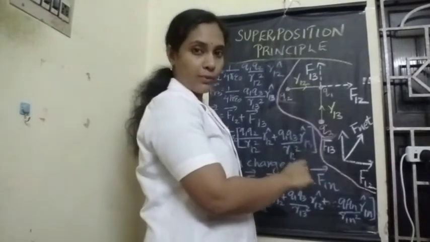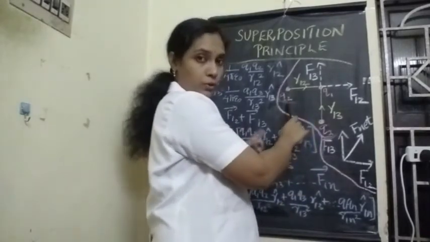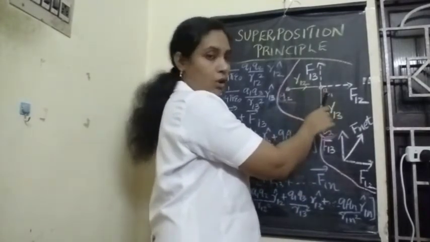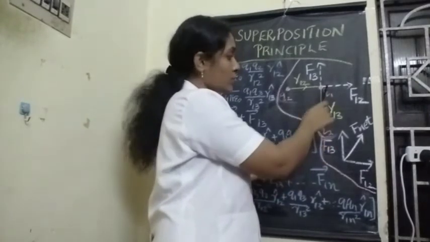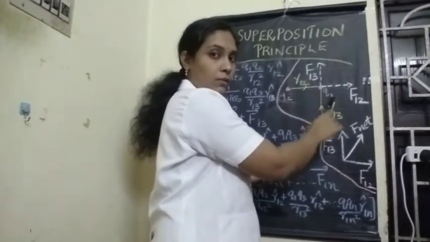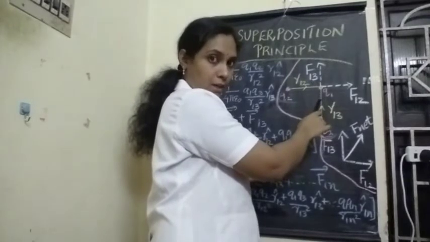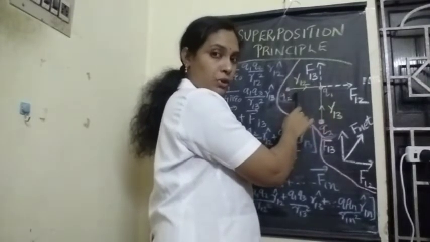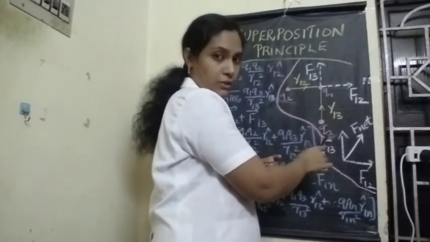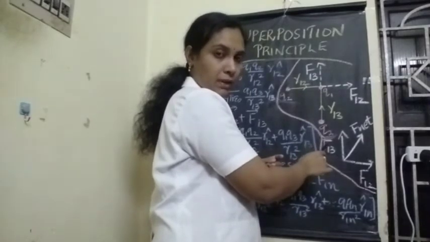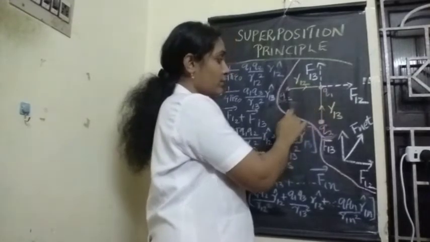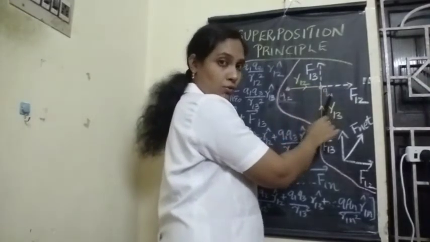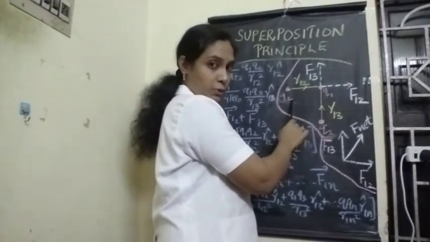As I told you before, charge Q2 exerts a force on Q1. Similarly, Q3 exerts a force on Q1. So the total force on Q1 will be the vector sum of forces due to Q2 and Q3. Okay. So first let's find an expression for the force acting on charge Q1 due to Q2.